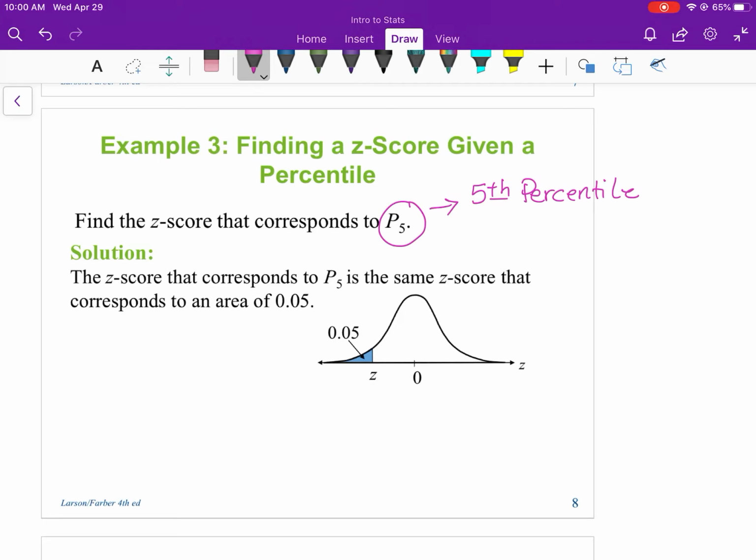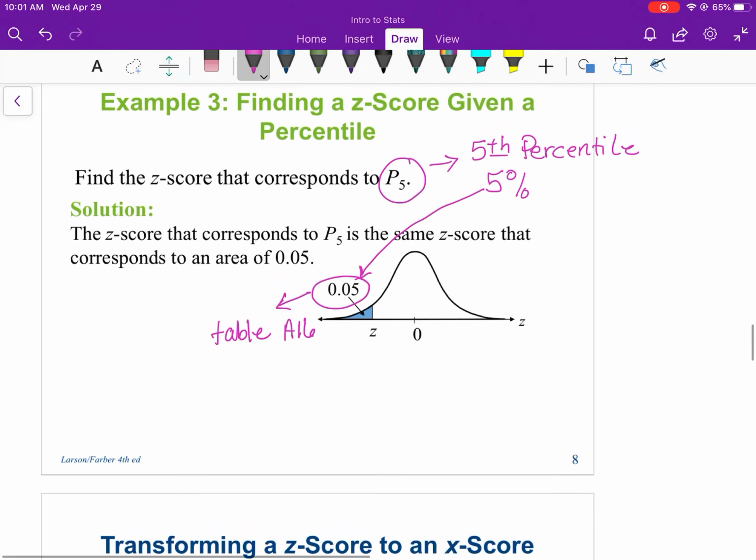Remember the less part is designated to be shaded on the left side of our z-score. So this is the 5th percentile, 5%. It goes to a decimal. This is a probability, so it's an area under the curve. Go to the table, page A16, and find 0.05.